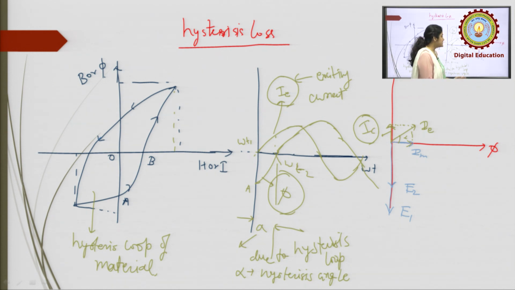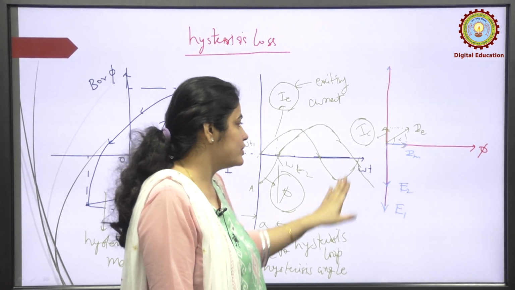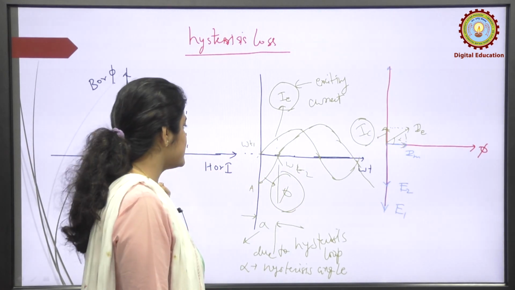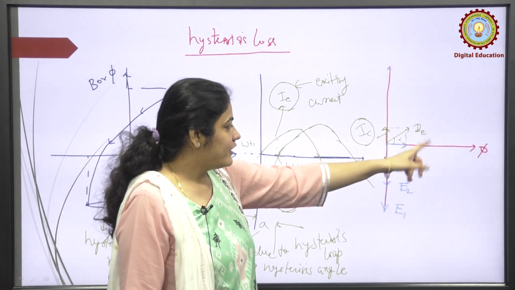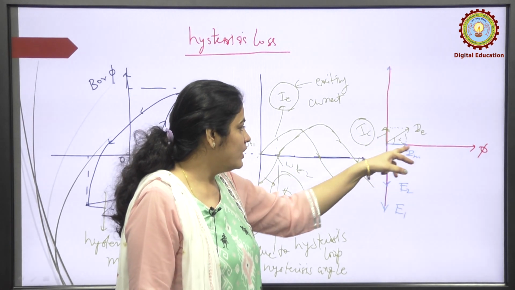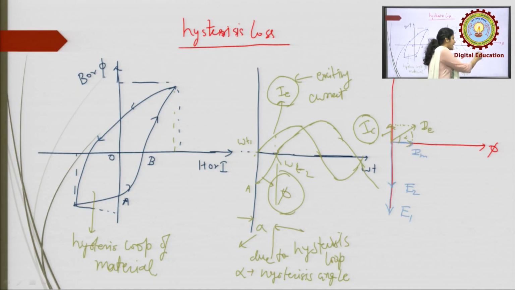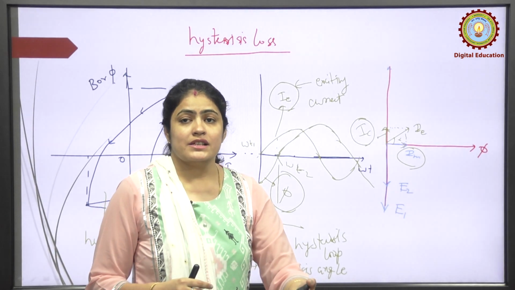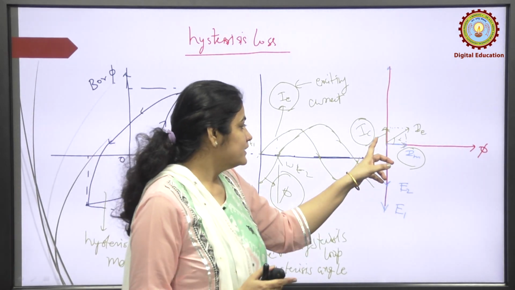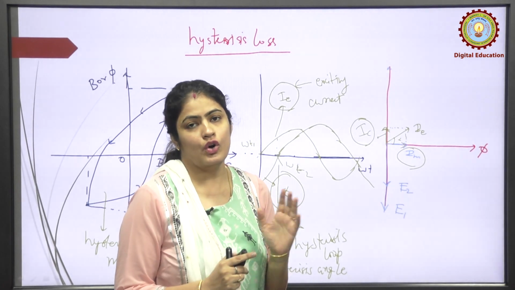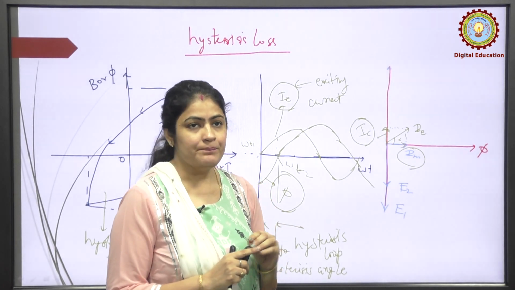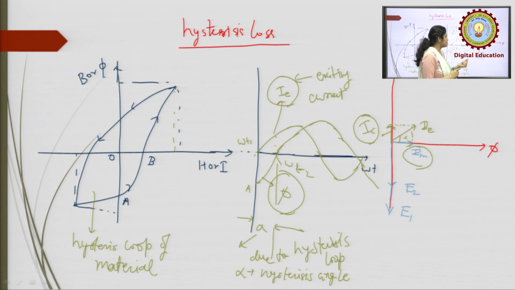This is how core losses are incorporated into the ideal transformer. The IM is the useful magnetizing current, which produces the useful constant flux, and IC is the core loss component.